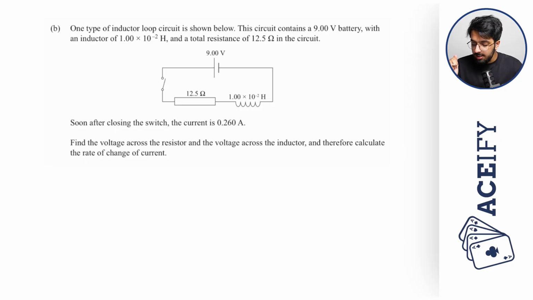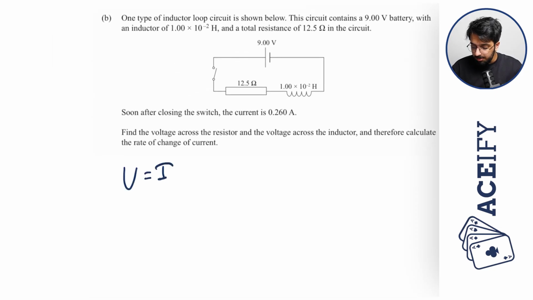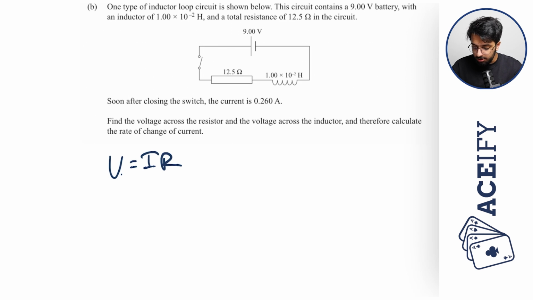One type of inductor loop circuit is shown below. This circuit contains a 9-volt battery with an inductor of 1 times 10 to the negative 2 henries and a total resistance of 12.5 ohms in the circuit. Soon after closing the switch, the current is 0.26 amps. Find the voltage across the resistor and the voltage across the inductor, and therefore calculate the rate of change of current. Well, we know that V is equal to IR, and this is going to be the voltage across our resistor.